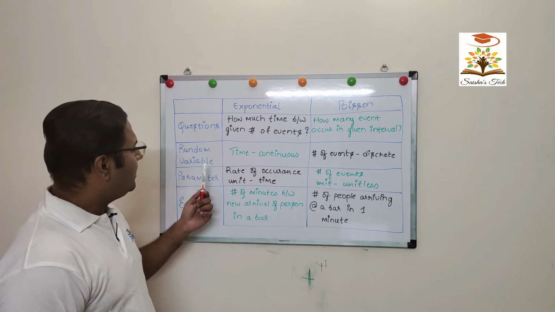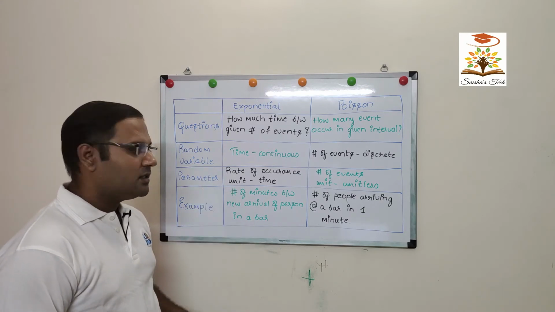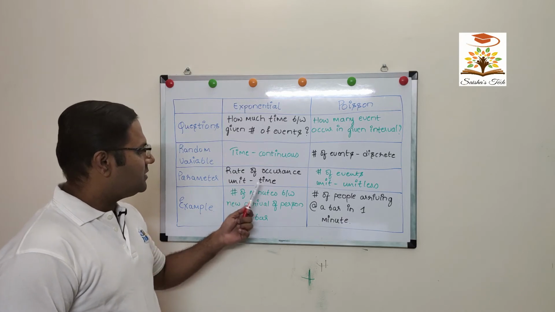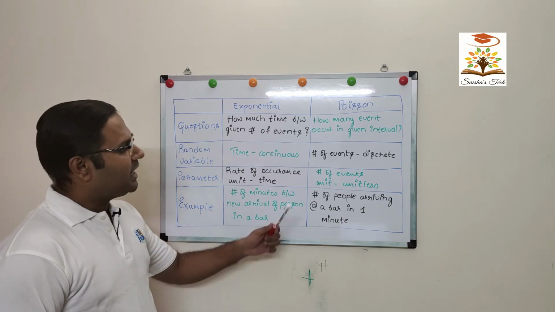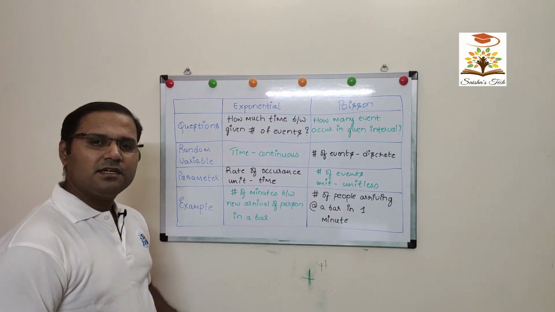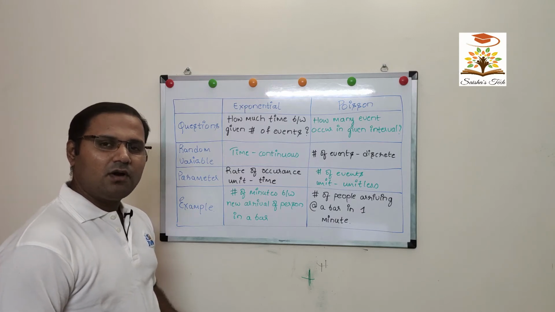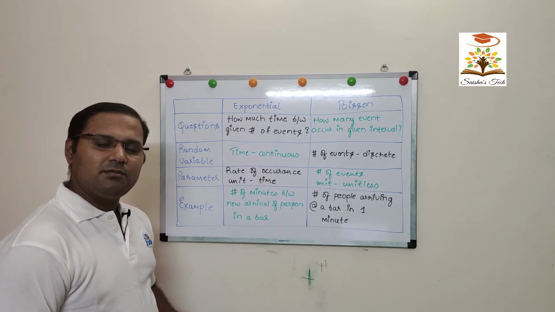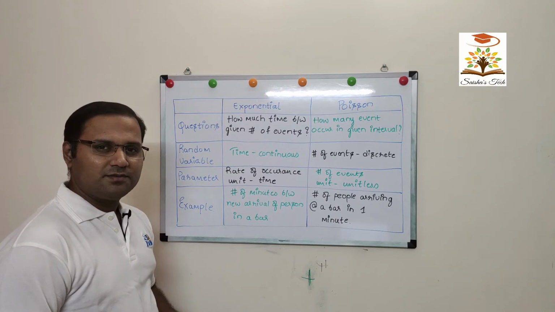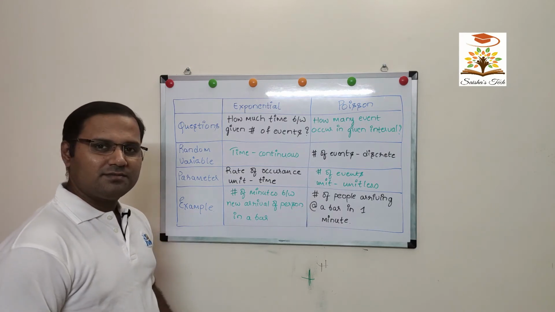The parameter in exponential distribution is the rate of occurrence, whose unit is time, whereas in Poisson's distribution it is the number of events. The events can be a count of childbirths in a hospital or the count of vehicles passing through a toll booth, etc., which has no units. Hence, the Poisson distribution parameter is unitless.